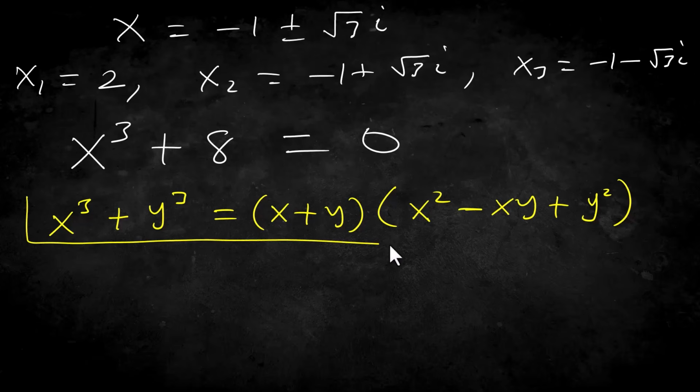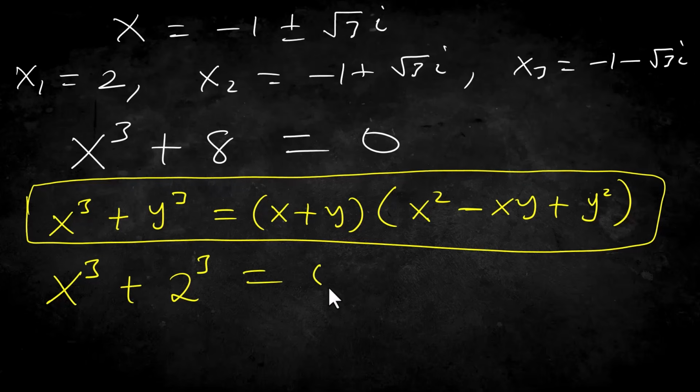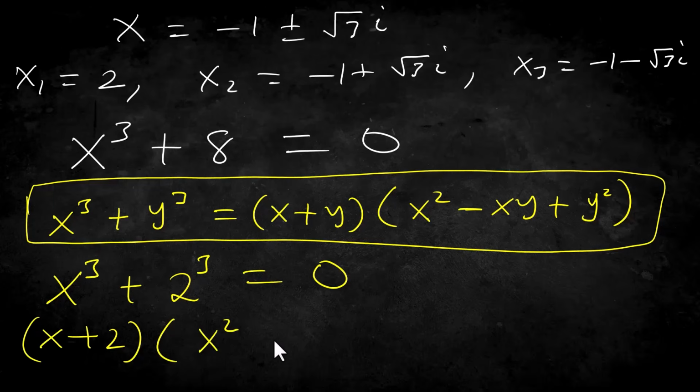Now we can write this as x cubed plus 2 to the power 3 equals 0. So (x plus 2)(x squared minus the product 2x plus 2 squared, 4) equals 0.